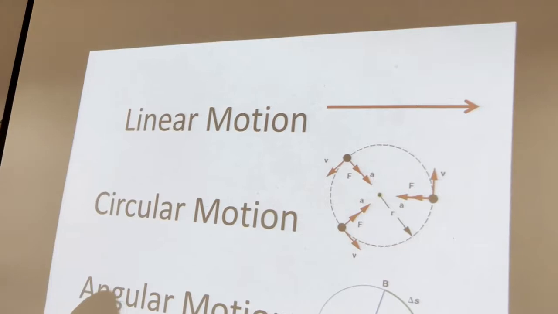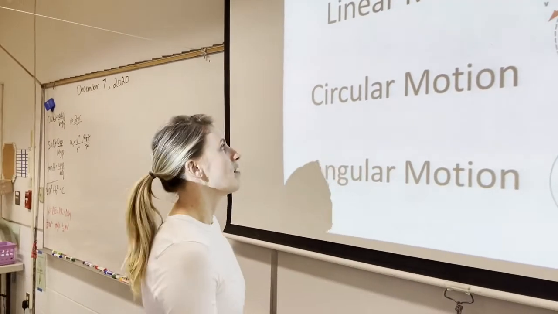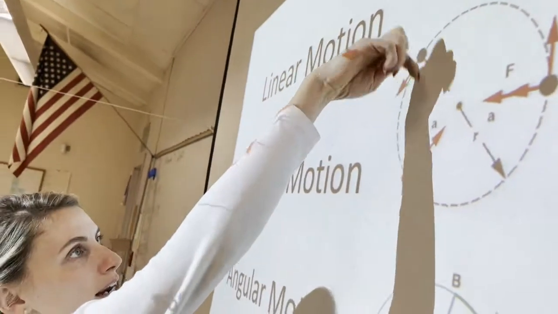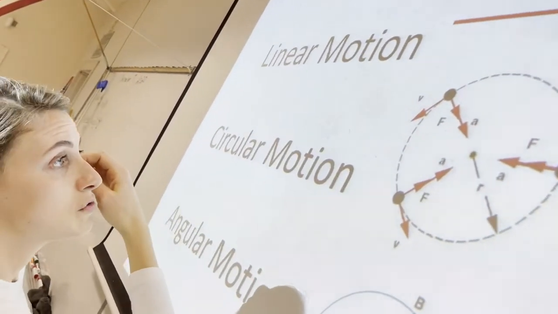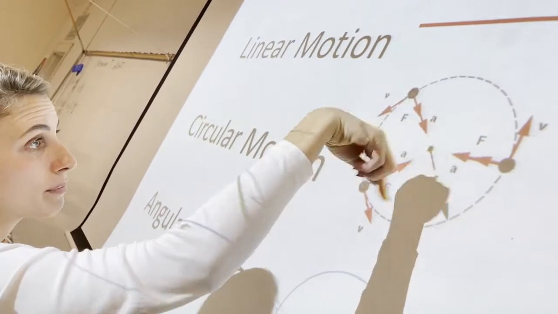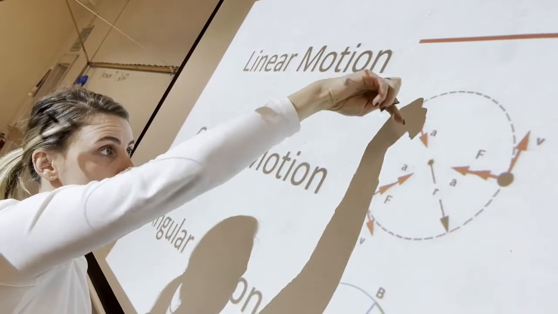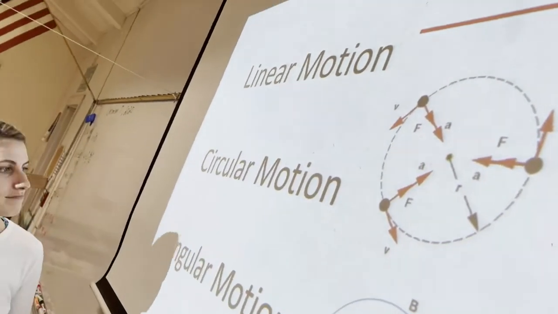It's like number lines, X and Y axis, all our kinematic stuff. Then we moved on to circular motion. We have a radius and a velocity that is tangential to the circle, our path. Our centripetal force is in the same direction as our centripetal acceleration, toward the center. That's what centripetal means.